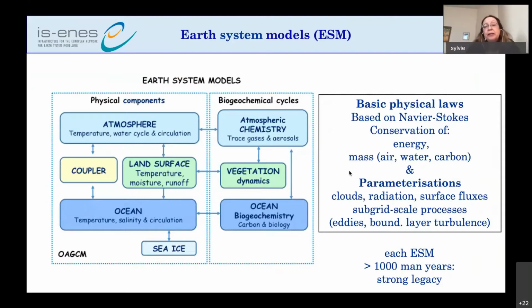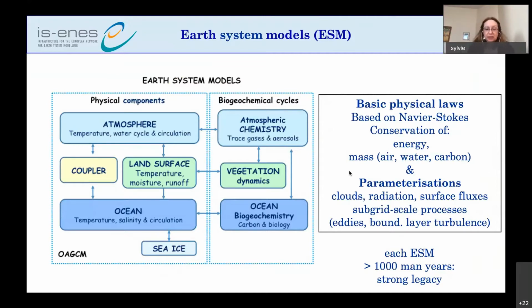Those models are based on the basic physics of the system: Navier-Stokes for the dynamics, and various conservation laws like energy and mass, for air, for water, for carbon. This is very important: they are really based on physical principles. And they include what we call parametrizations, because not all the scales can be explicitly resolved with basic equations, like clouds.